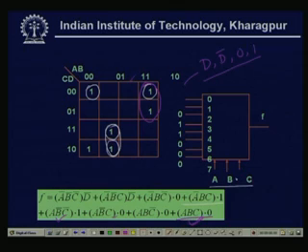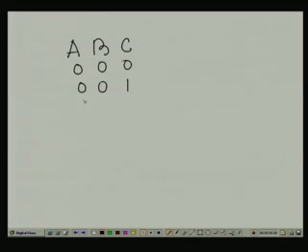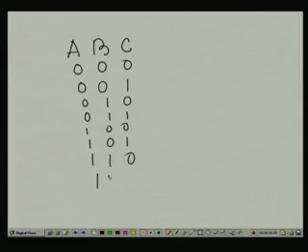So, now if I see which combinations of ABCs are there, see now I write the 3 select lines ABC. These are 0 0 0, 0 0 1, 0 1 0, 0 1 1, 1 0 0, 1 0 1, 1 1 0, 1 1 1.